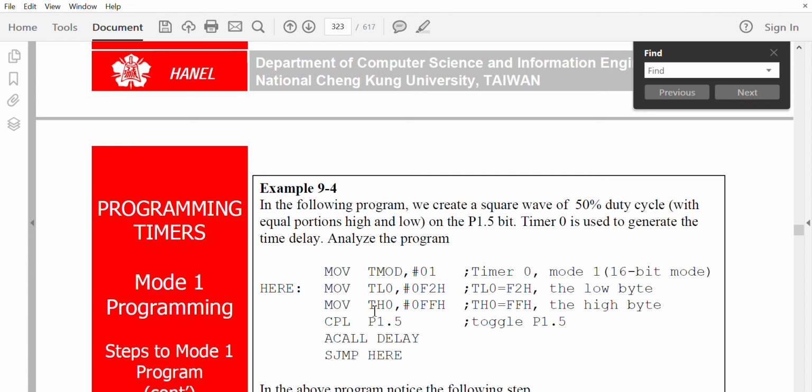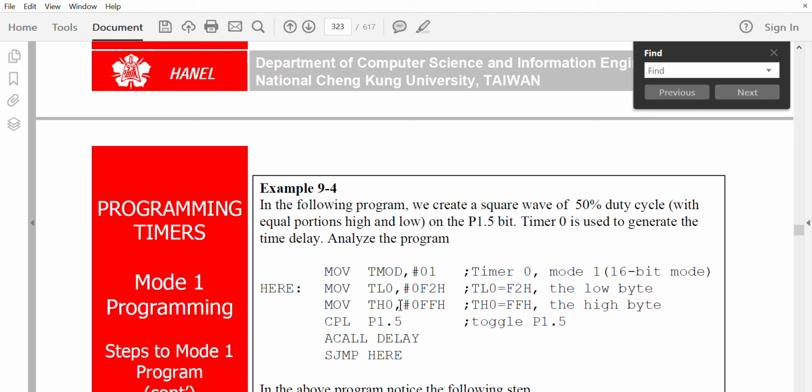Then load TL and TH. Here the timer is timer 0, so TL0 and TH0 are loaded with a value. This is just a value we are giving, so you can load it with any value. TL0 is given 0F2H and TH0 is given 0FFH. We know that TL0 and TH0 are both 8 bits each.